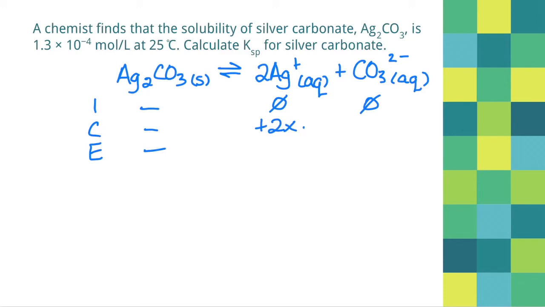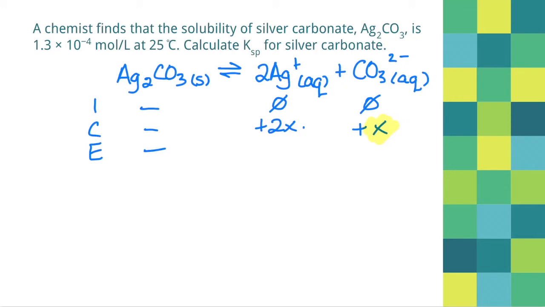So the silver is going to go up by 2x, and the carbonate is going to go up by x. Now, it's really important to note here that x is the molar solubility of the compound, because only what can dissolve is going to be found in solution or in this ion form. So x is defined as your molar solubility at this point.